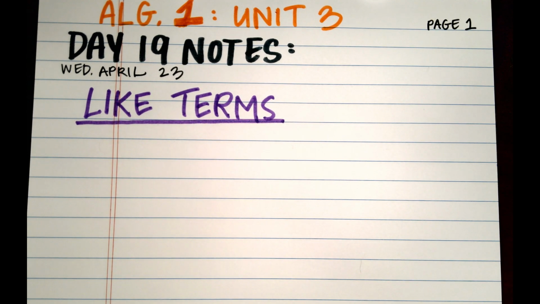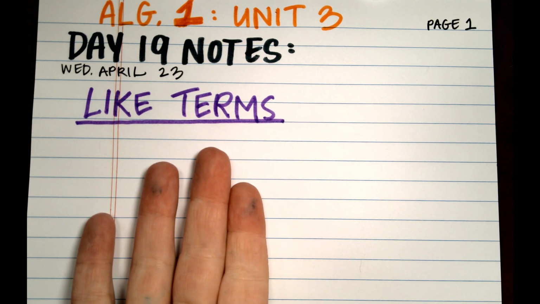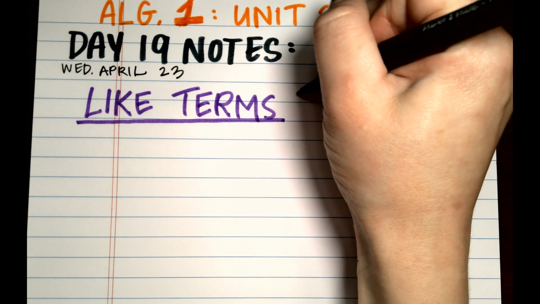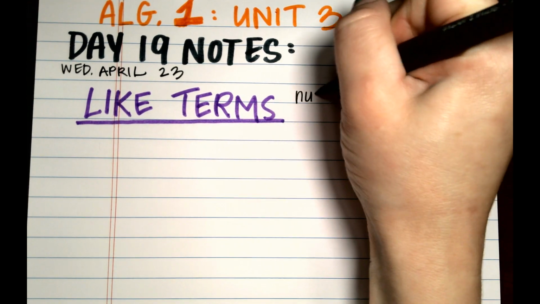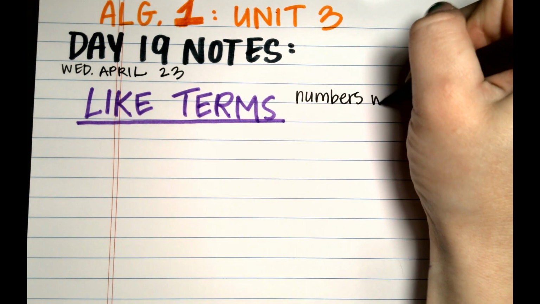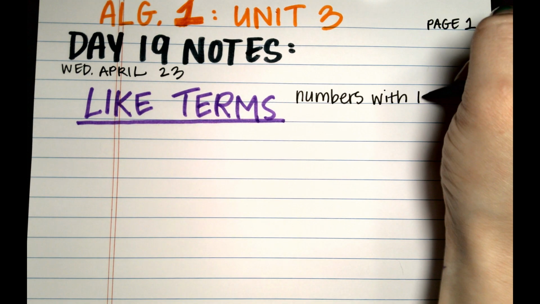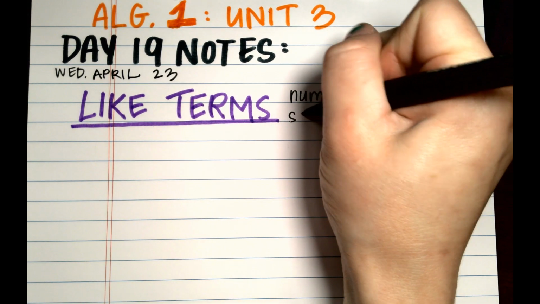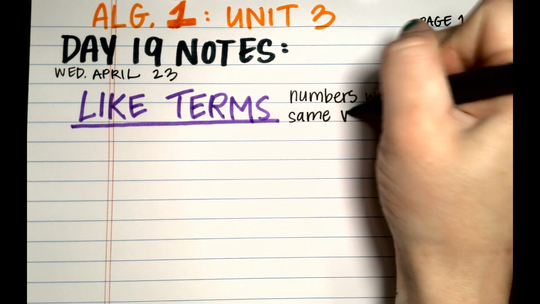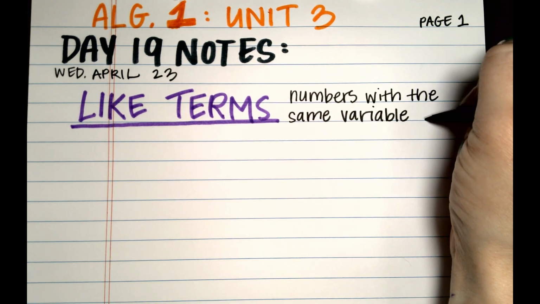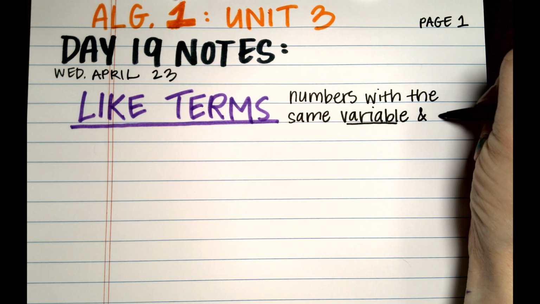Like terms, I'll give you a definition beside it, are numbers with the same variable and exponent.